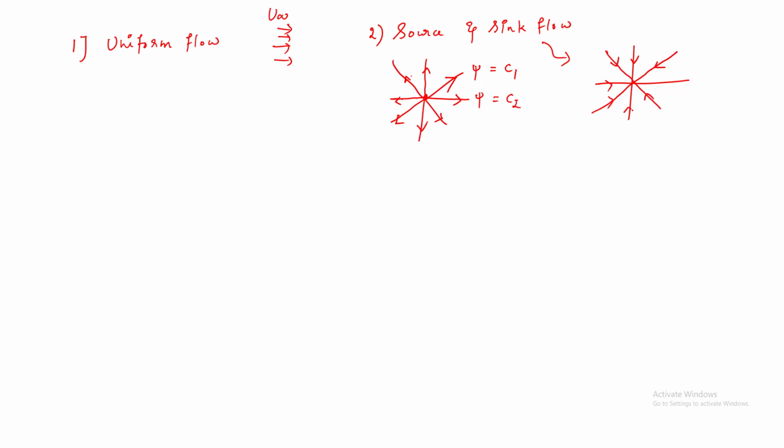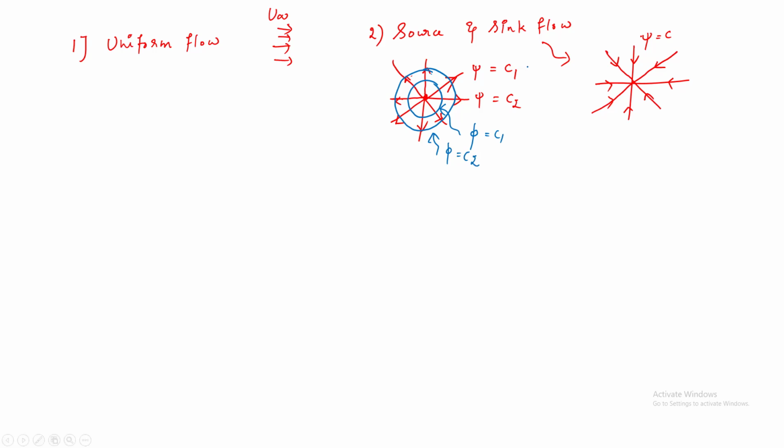So this is a sink flow. Similarly, the constants, and it will also have the velocity potential, which will look like this. Constant 1, constant 2. So these are the two basic elementary flows.